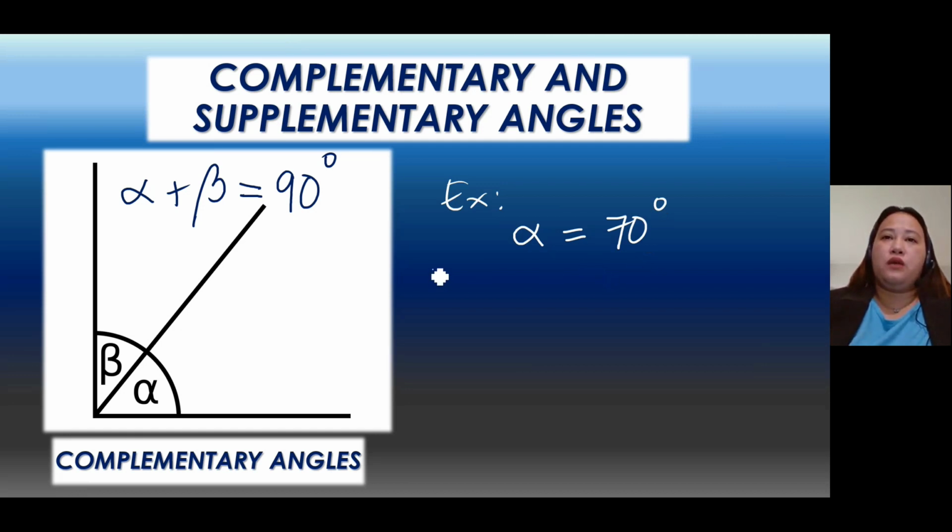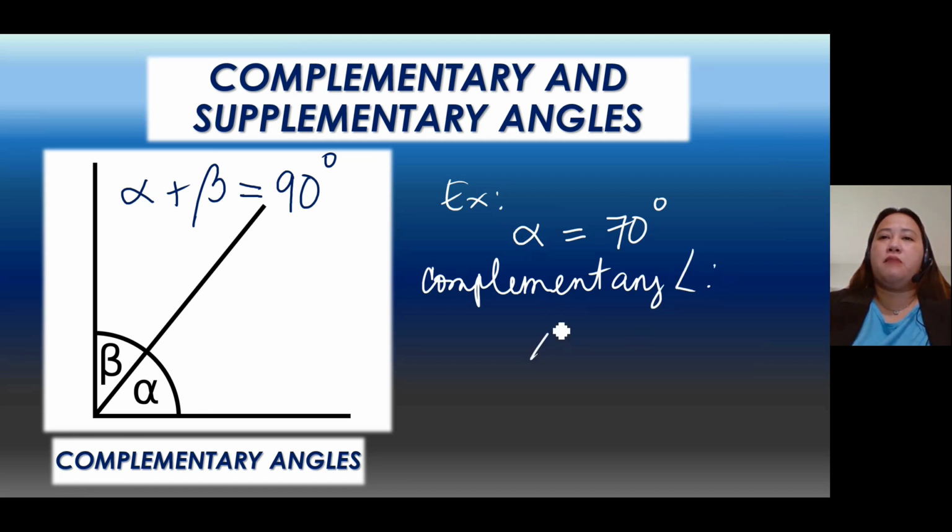The complementary angle is of course beta equals 20 degrees, because 70 degrees and 20 degrees, when you add them, the sum is 90 degrees.